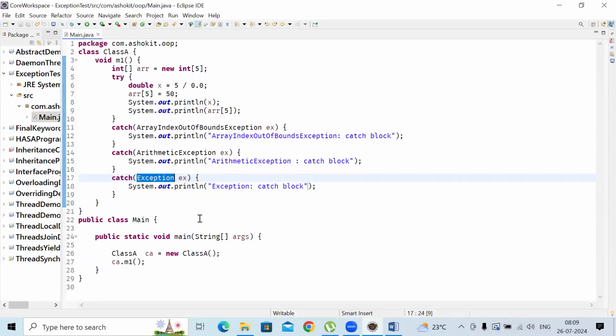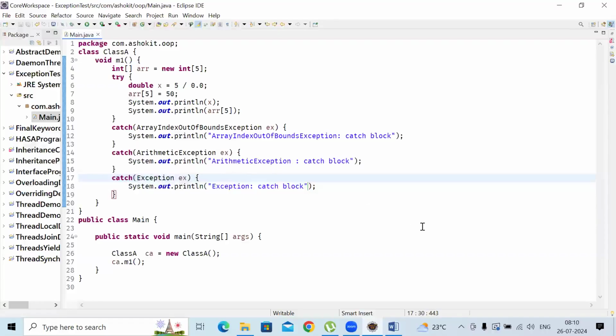Exception is a superclass for all exception classes in Java, for checked exception classes and even for unchecked exception classes. Exception is a superclass. Am I clear with this point, guys?